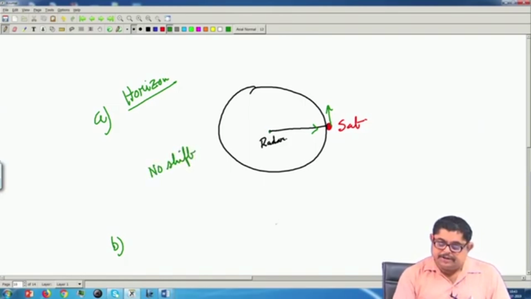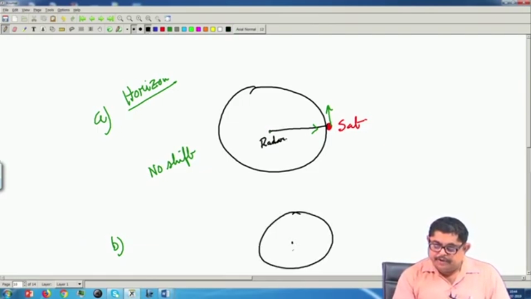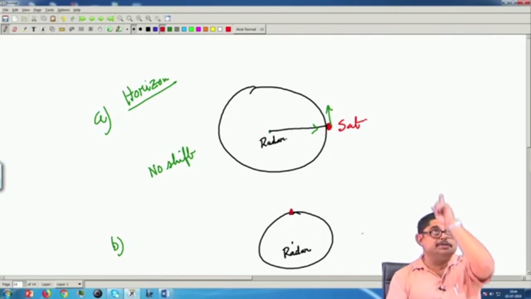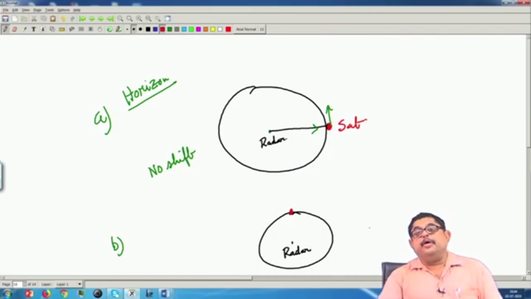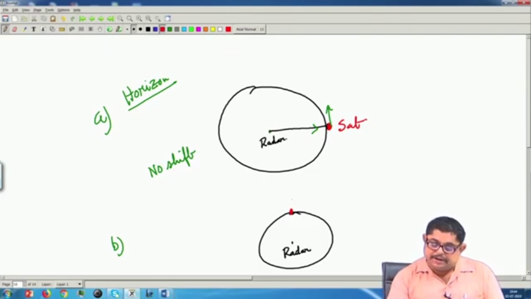The second part is that, okay, you have the same problem, radar. Now, the satellite is at the zenith. Zenith means at the top, that means just on top of your head. So, this is the satellite.